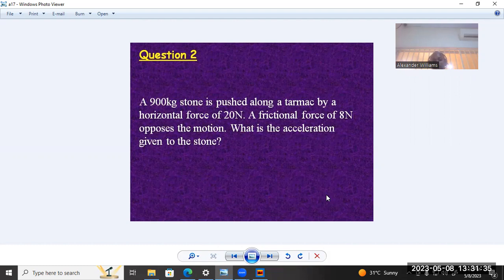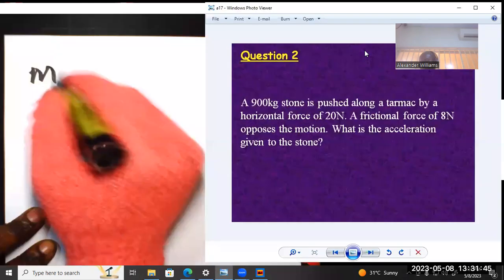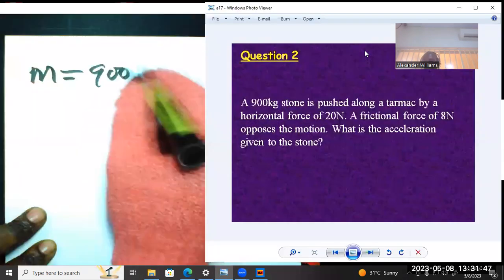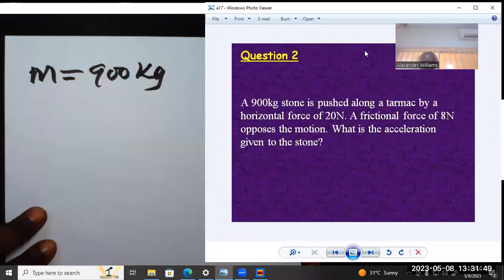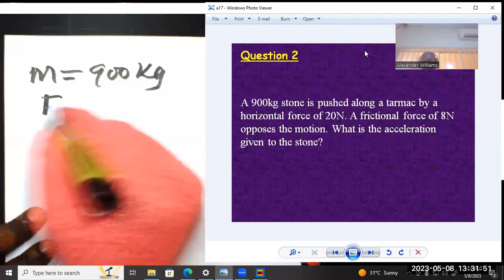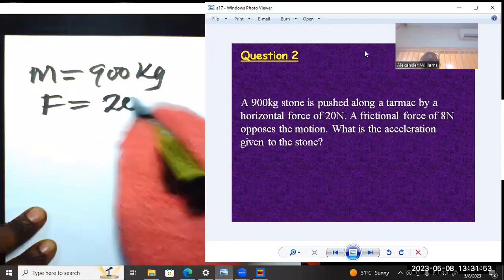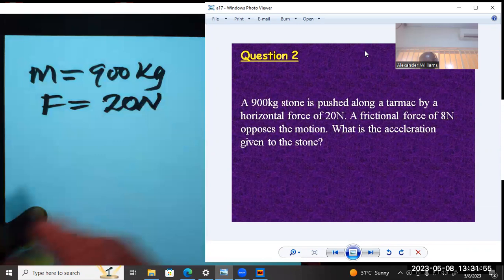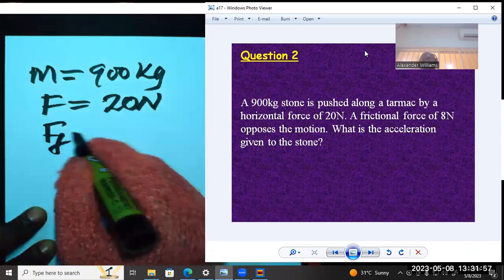Remember, list out the parameters given to you. Okay, let's do it together. We have the mass, which is 9 kilograms. We have the force giving us 20 Newton. We have the frictional force, which is 8 Newton.